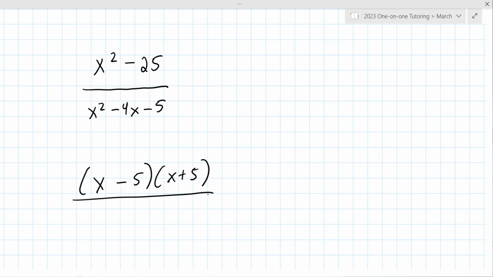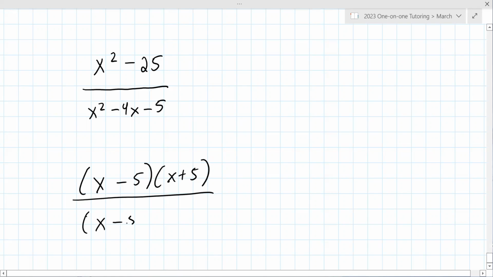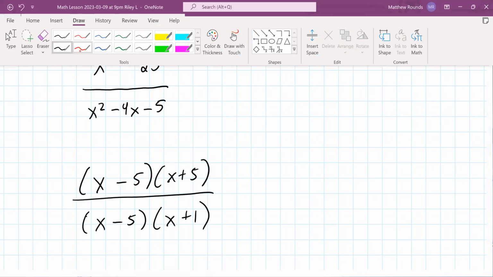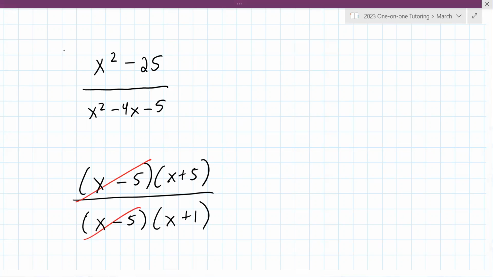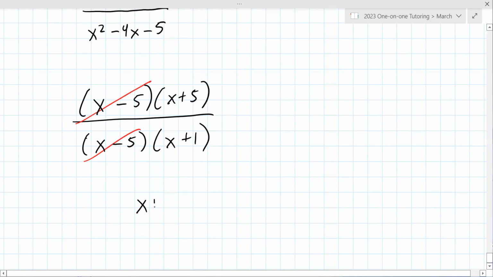And then the other one would be x minus 5, x plus 1. Yes. Like this. You can see that they cancel there. And you're left with x plus 5 over x plus 1.